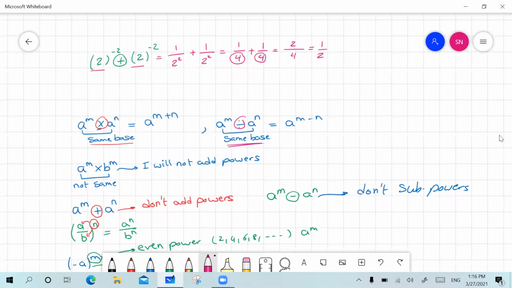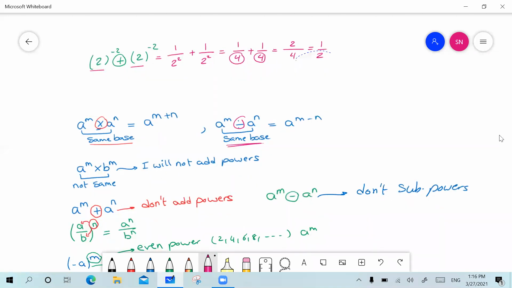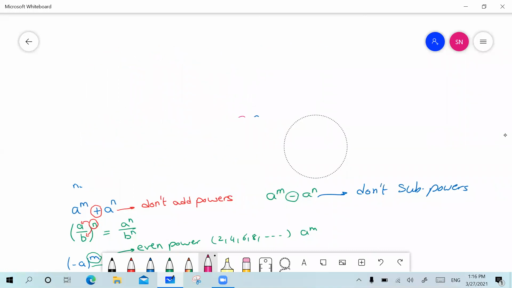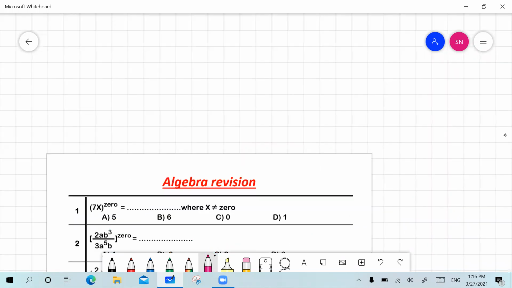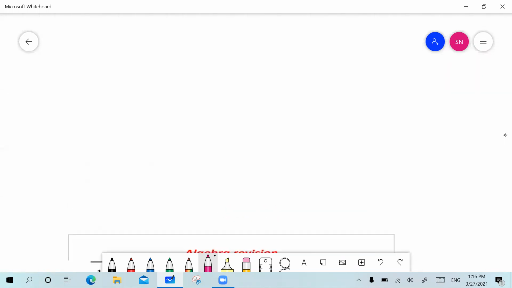Okay, let's go now and revise the negative powers. Rules for the negative powers. So for example, if I have a over b, and this is all raised to a negative power.